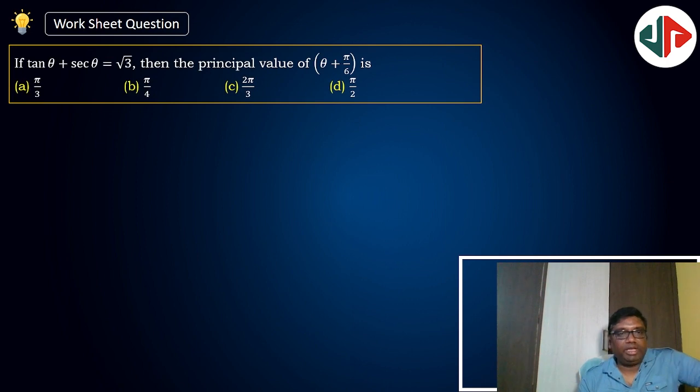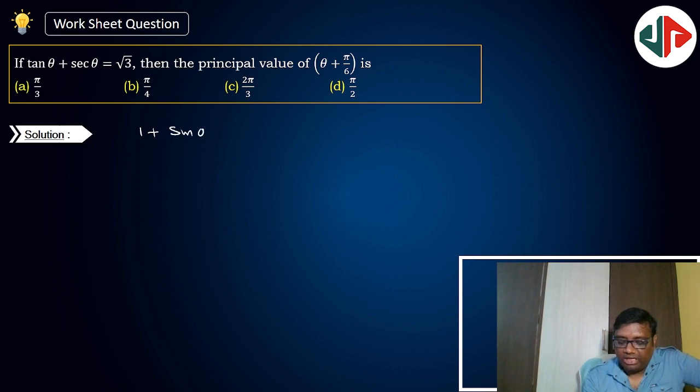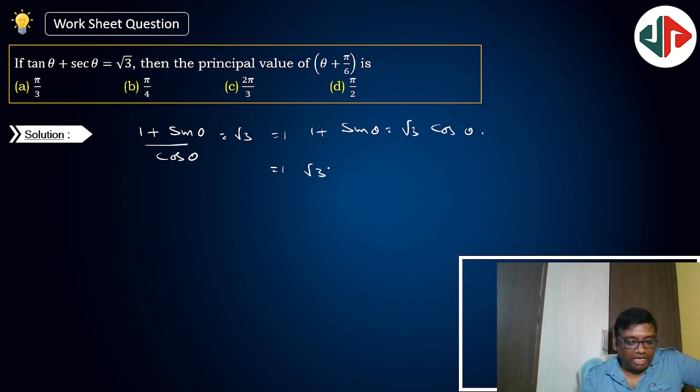Tan theta plus secant theta is equal to root 3, then what is the value? 1 plus sin theta by cos theta is equal to root 3. So it is nothing but 1 plus sin theta is equal to root 3 times cos theta. So root 3 times cos theta minus sin theta is equal to 1.